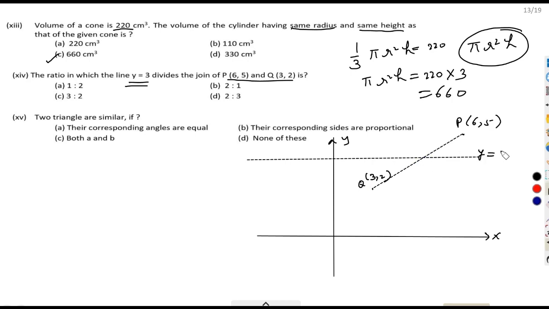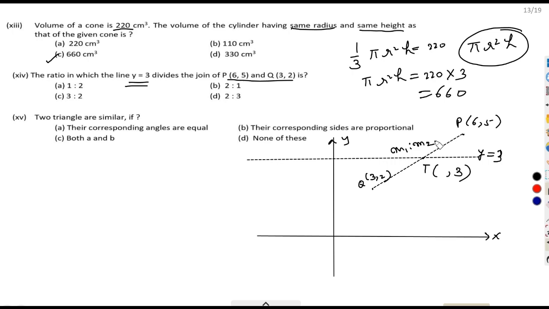Suppose this is the line y is equal to 3, then on the line y is equal to 3 at every point the y coordinate will be 3. So suppose this is the point of intersection of PQ with y is equal to 3, then the y coordinate of T will be 3. And let T divide this line in the ratio m1 is to m2.